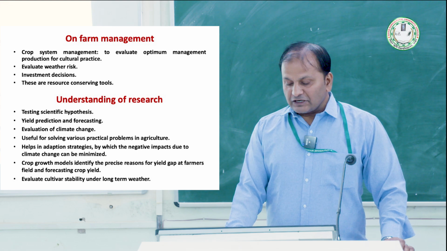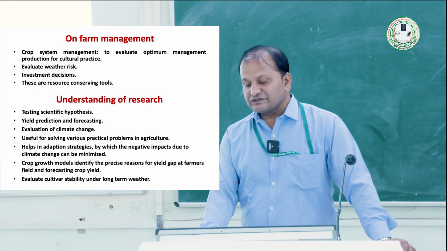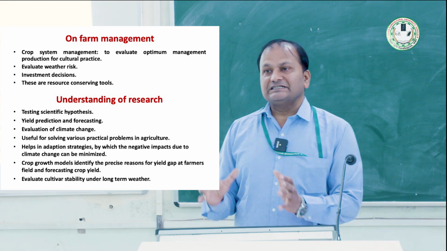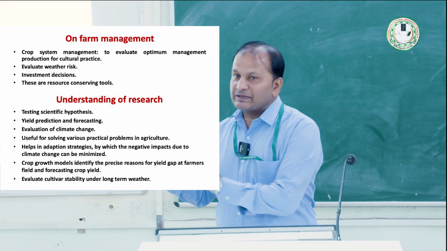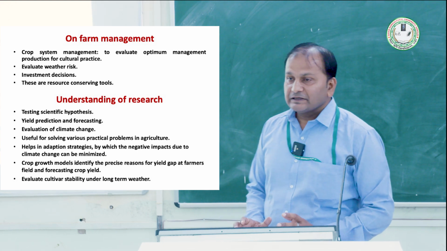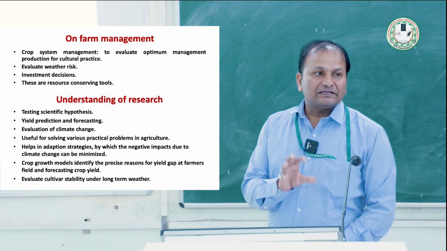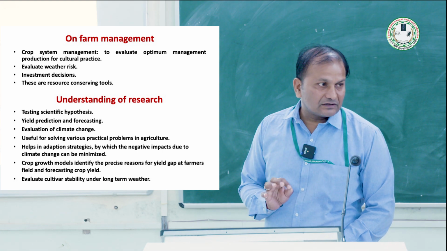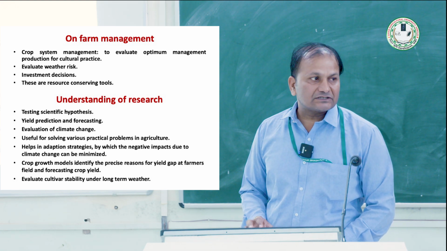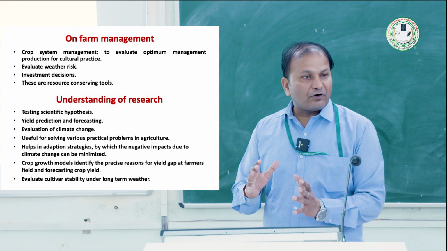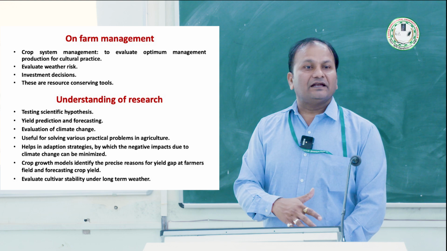Then crop growth models identify the precise reasons for yield gap. Yield gap means any crop has its capacity to yield this amount, but it is not providing that amount of yield because there is a scarcity of water, there is a scarcity of nutrients, or maybe some other reasons. So what is the gap between potential yield and its real yield?